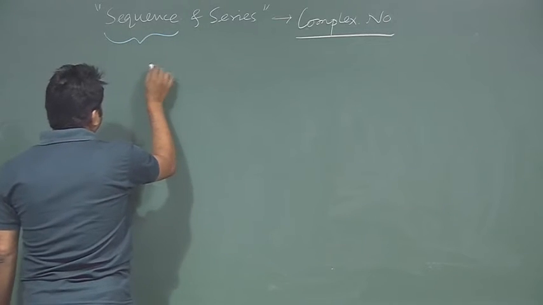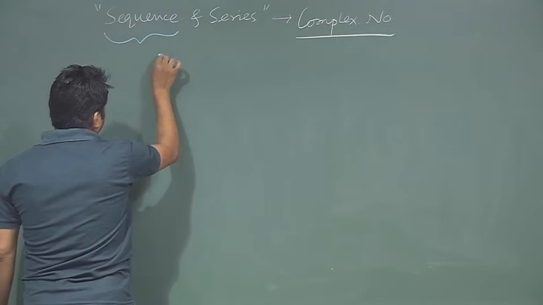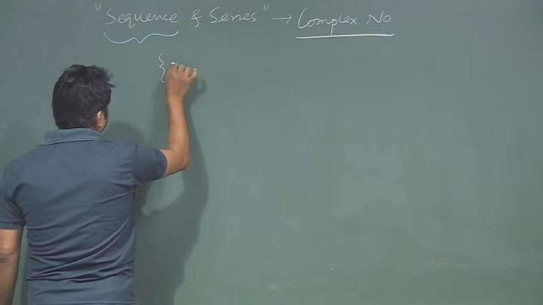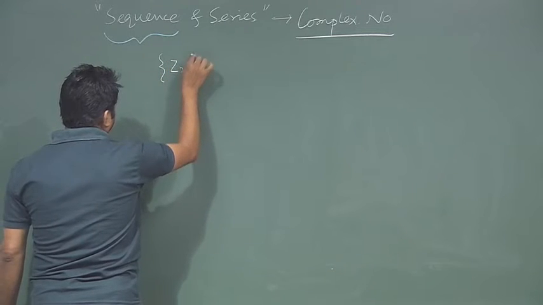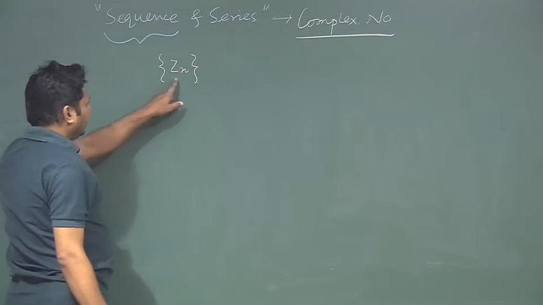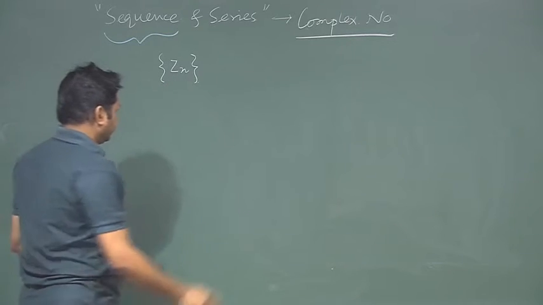A sequence is something, say I represent it as z to the power n, is my sequence defined like this. What is the meaning?